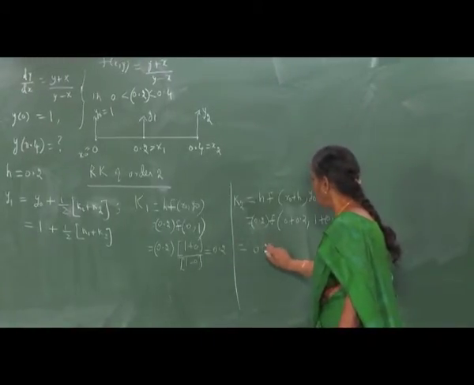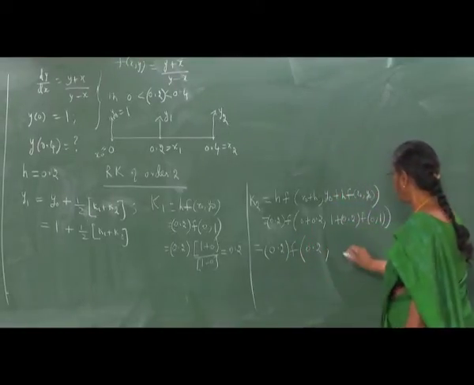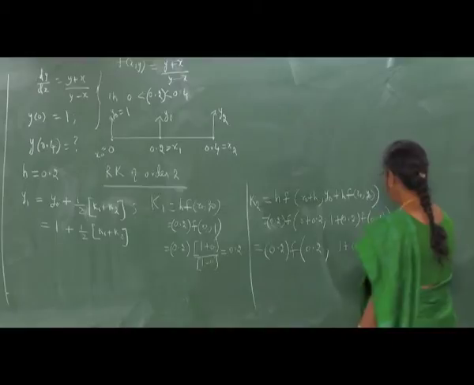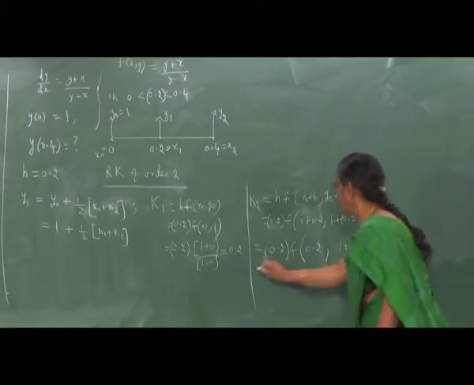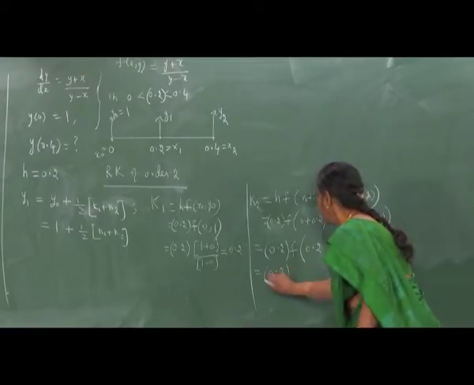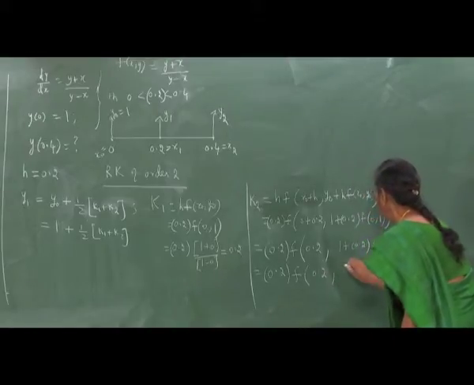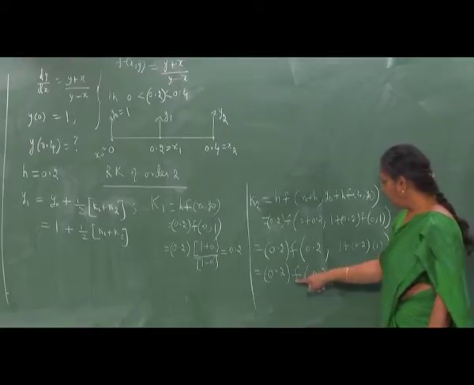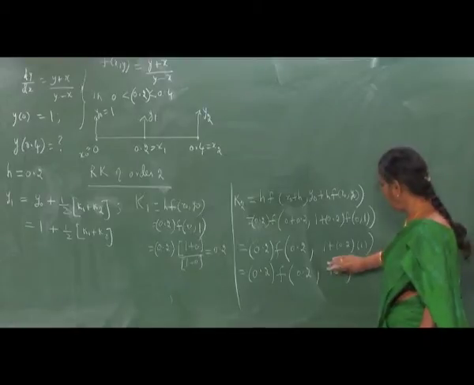So, this will be 0.2 into f of 0.2 comma 1 plus 0.2 times what is f of 0, 1? We have just now seen it is 1 plus 0 by 1 minus 0, that is 1. This gives you 1.2.